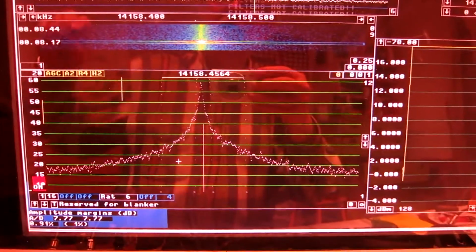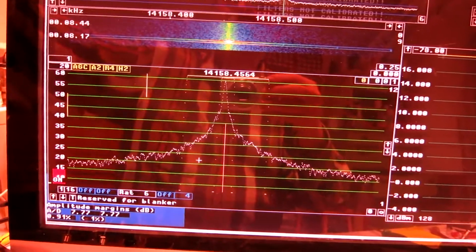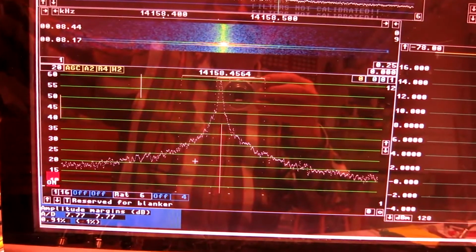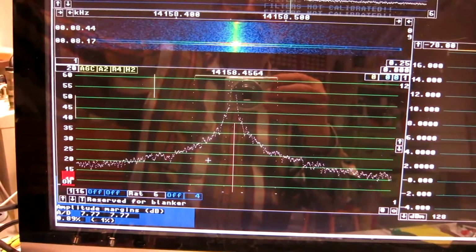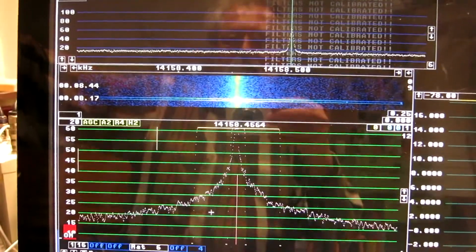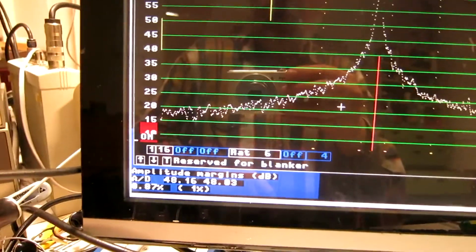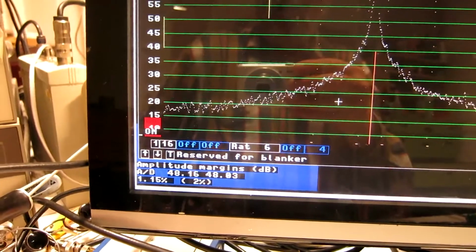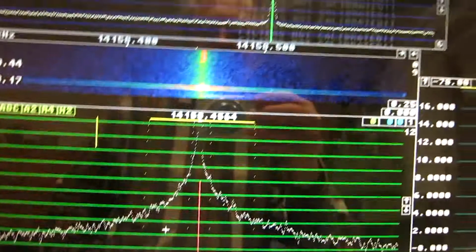I now inject a signal generator at minus 100 dBm. And it comes 48 decibels below saturation for this receiver I'm using.